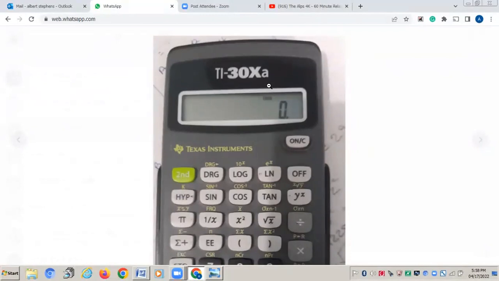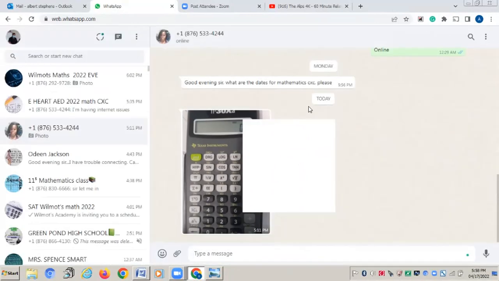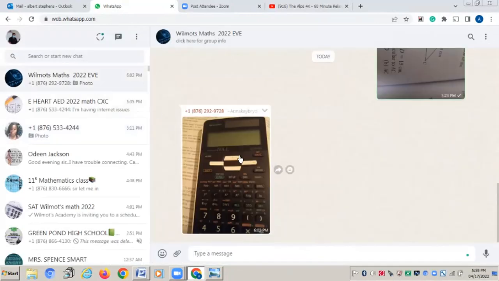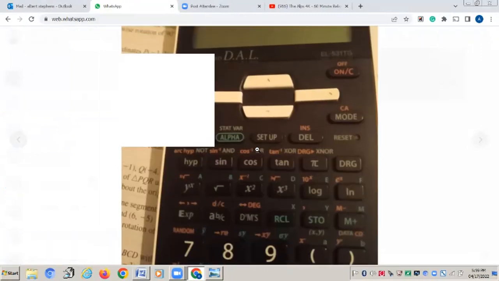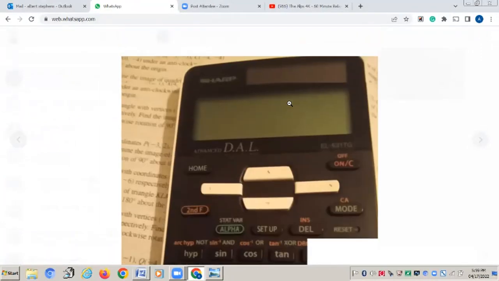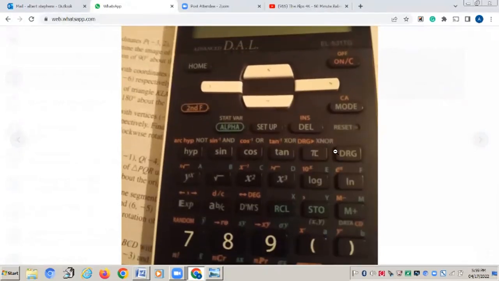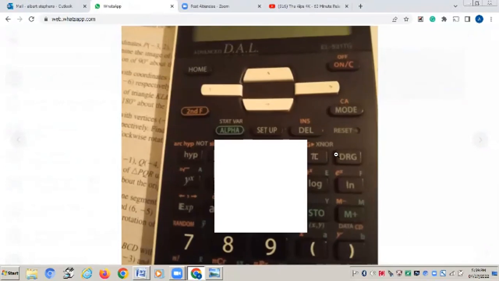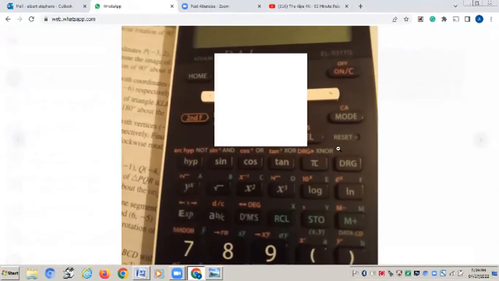All right. Now, you see the sharp calculator. What I don't like about it is the top right button that says DRG. Can you see my screen?